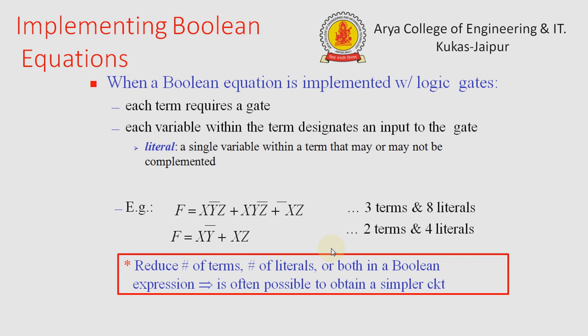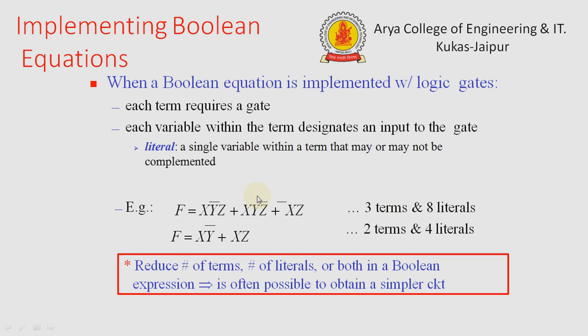So now, implementation of a Boolean equation. When a Boolean equation is implemented with logic gates, each term requires a gate, and each variable within a term is designated an input to the gate. Literal: a single variable within a term that may or may not be complemented. So here are the literals.